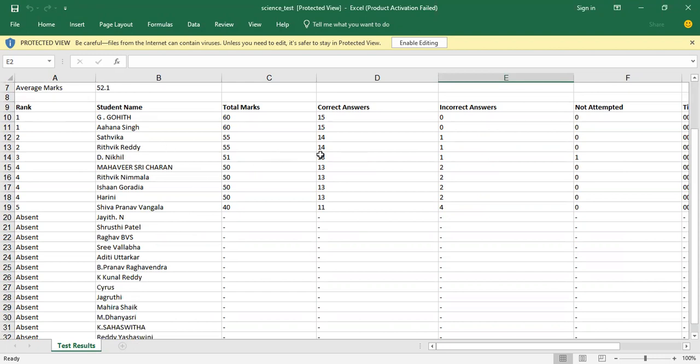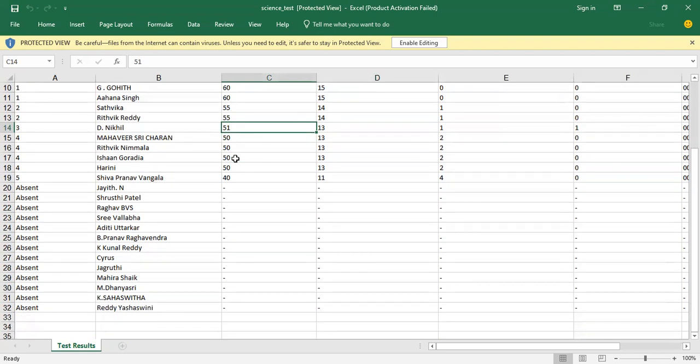It's supposed to be 50, right, sir? If he does a mistake, then it will be minus 1. 13 fours are how much? 52, right? I think he did not attempt one. Sir, each question was worth 4 marks and we had negative marking of -1. Yeah, and he didn't attempt one question, right? So that's it. It's +4, and if you do a mistake, -1.